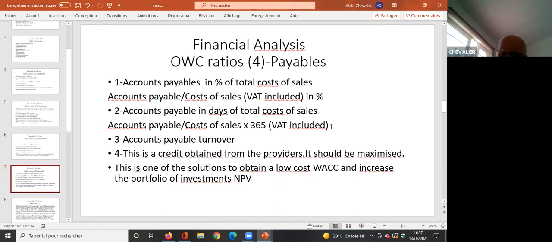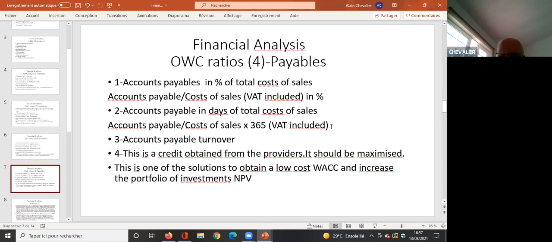We can improve your weighted average cost of capital through a decrease in the need for other financial resources, debt, and mainly equity.